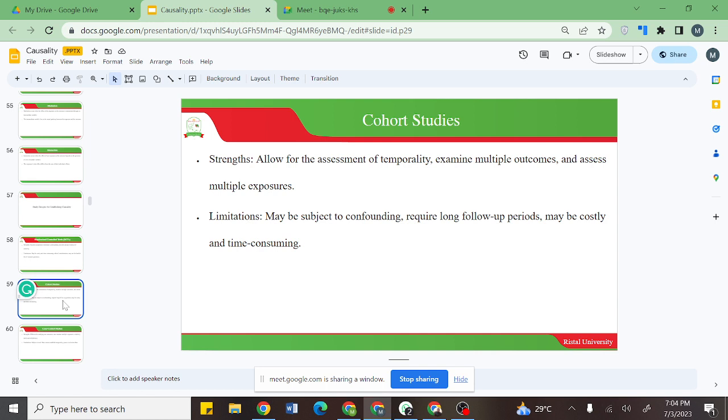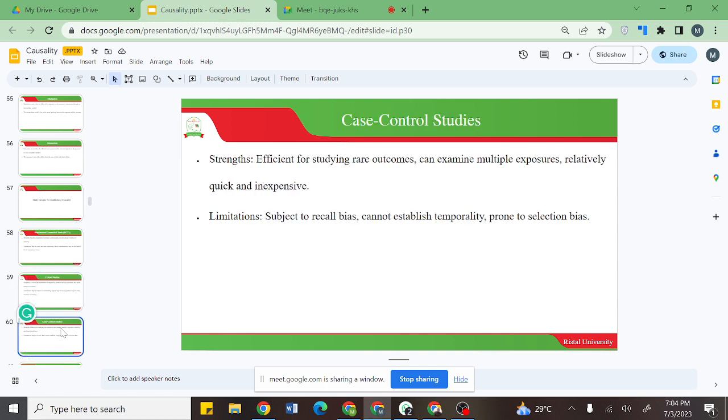But if you also follow up people and compare them with those who don't have the disease of interest, then we have what you call case control. This is to say that you have a person who is exposed, and then you get a person who is not exposed, and then examine the health outcome of interest and see if there is a relationship.